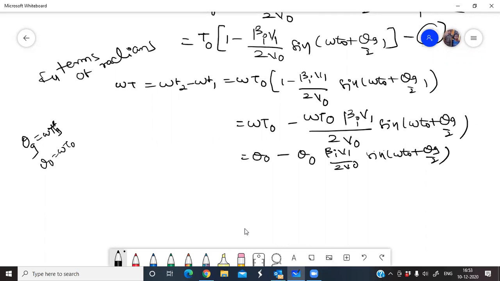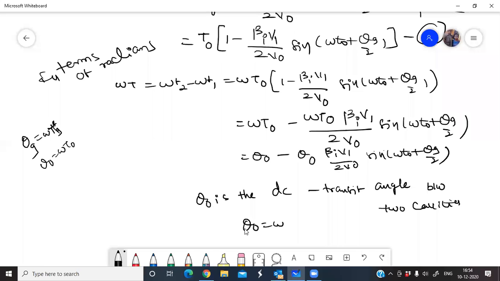Where theta naught is the DC transit angle between two cavities.